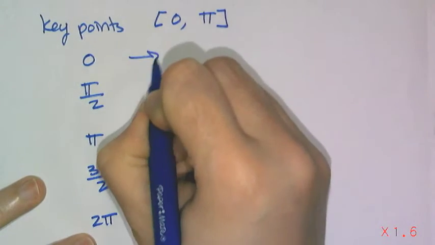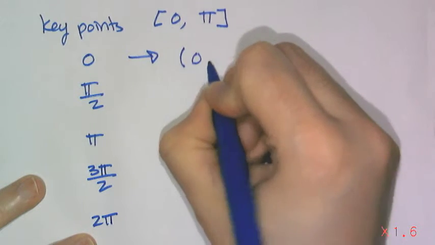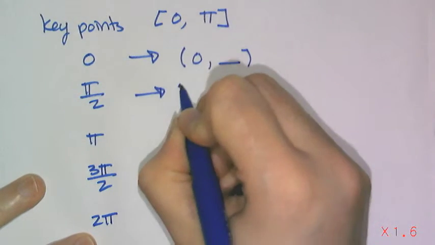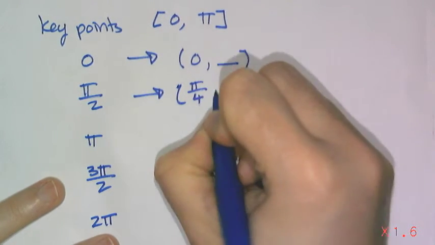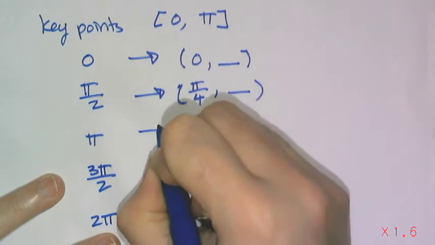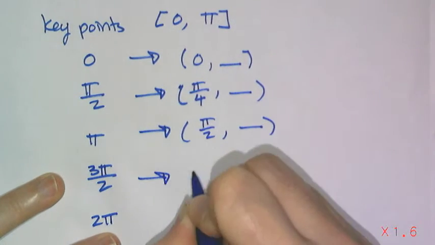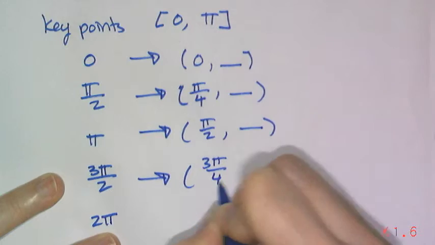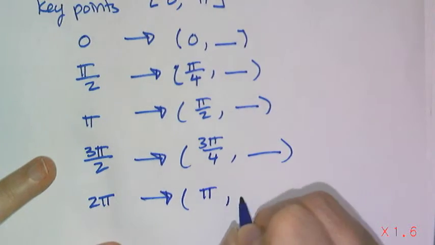So I need to find what is going on at 0. And instead of pi over 2, I'm looking at half that. So I want to know what's happening at pi over 4. And then at pi over 2, and then at 3 pi over 4, and then at just plain old pi.